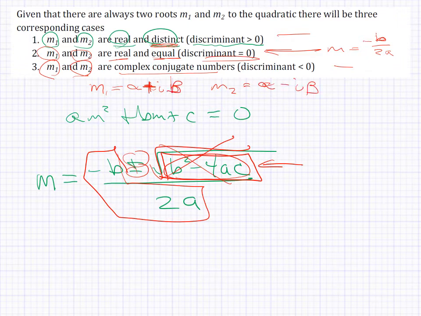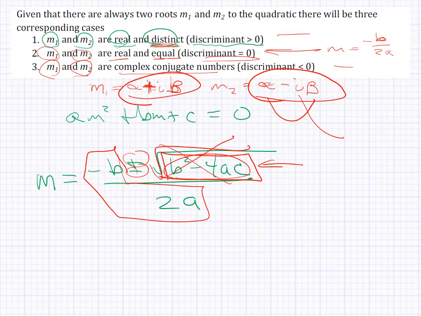Alpha and beta are real, and i is your imaginary number. Together, this forms what we call a complex number, and they're complex conjugates because here you're adding i beta and here you're subtracting i beta. Whenever you add and subtract the same two terms, we call that a conjugate. That happens again when your discriminant is negative. So those are the three scenarios.